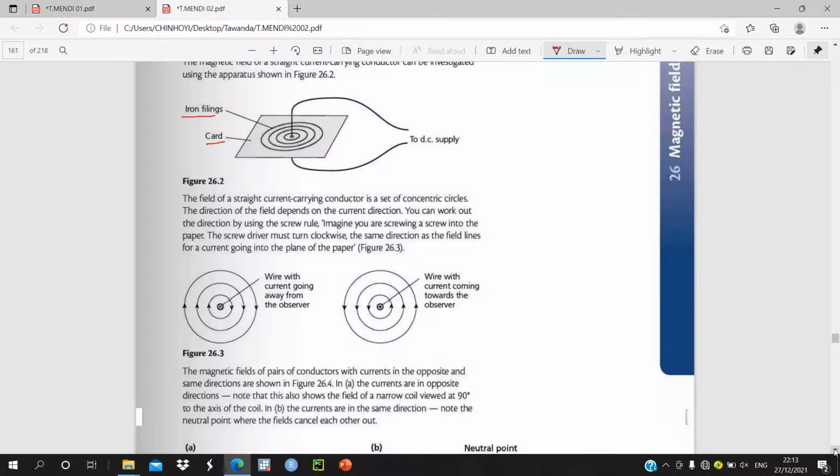As you can see here, we have these two types of conductors, where we have this X. It simply says that we have a wire going away from the observer. That is, we are taking this screen as the paper, and we are saying the current goes into this paper, whereas for this one, we are saying the current is coming towards the observer.